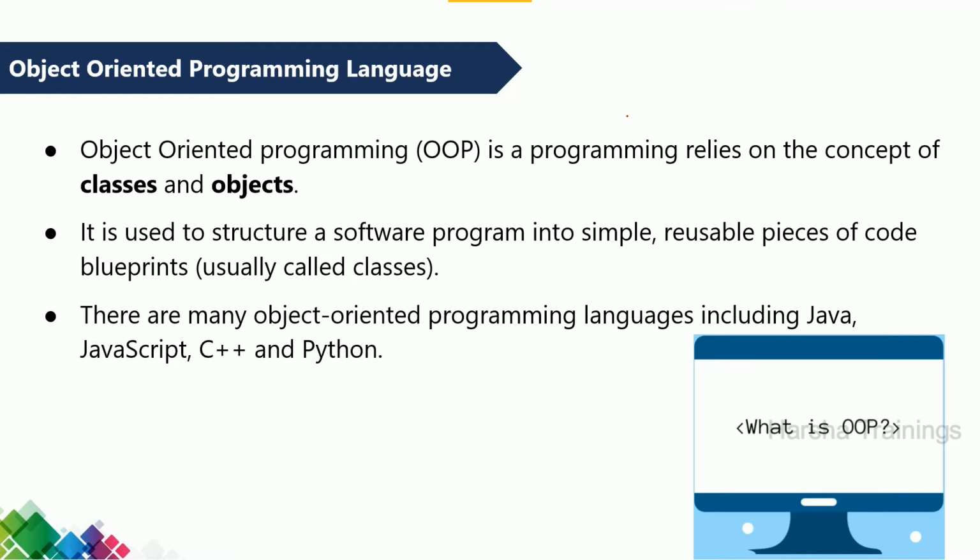Understand the word real world: it is present in the current situation. For example, I am an object, I exist. Apple is an object, banana is an object. A particular chair is an object. Anything that exists in the real world is an object. So in object oriented programming, everything is defined in terms of objects.